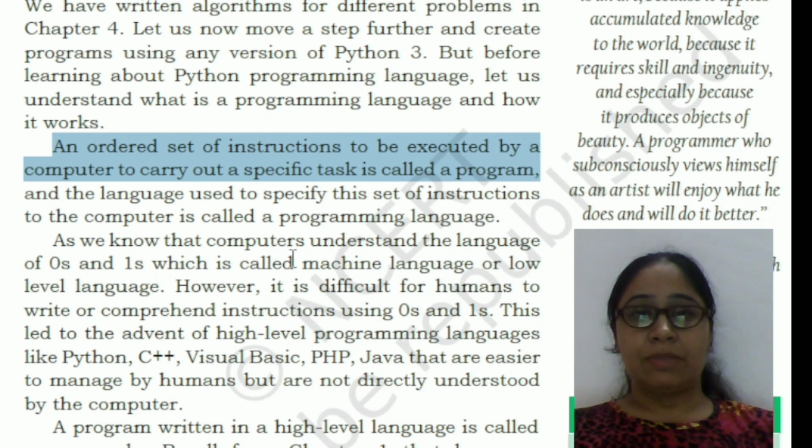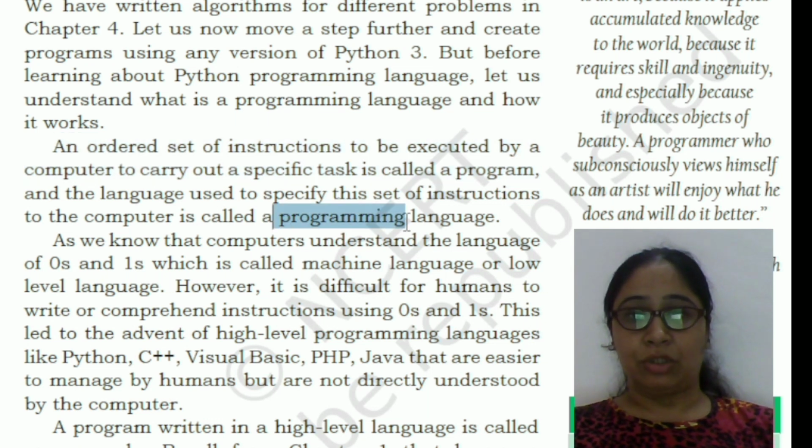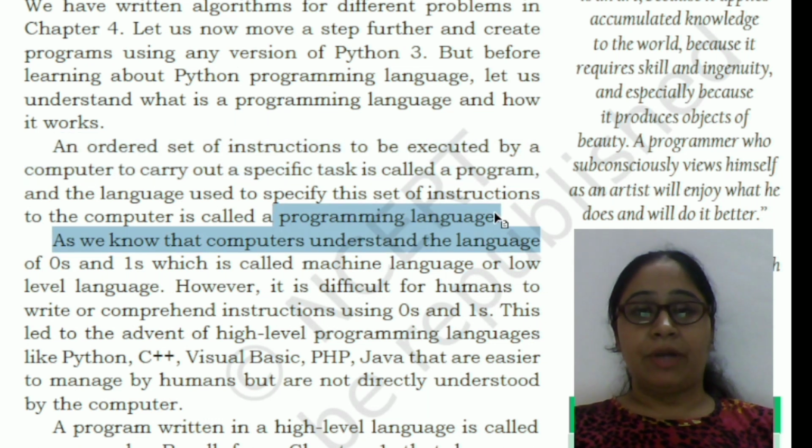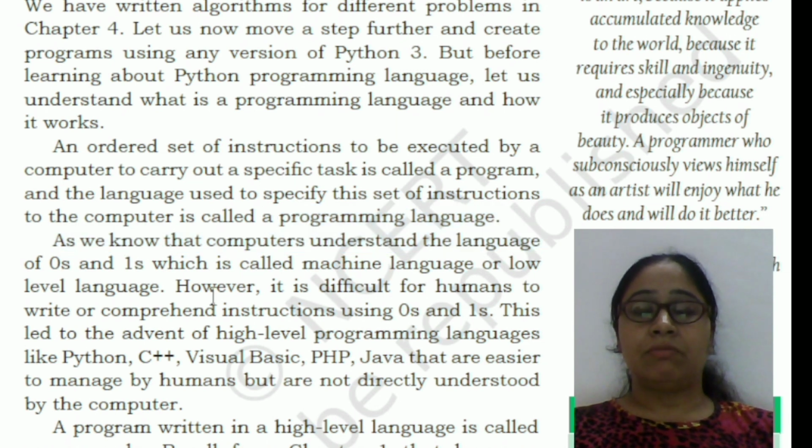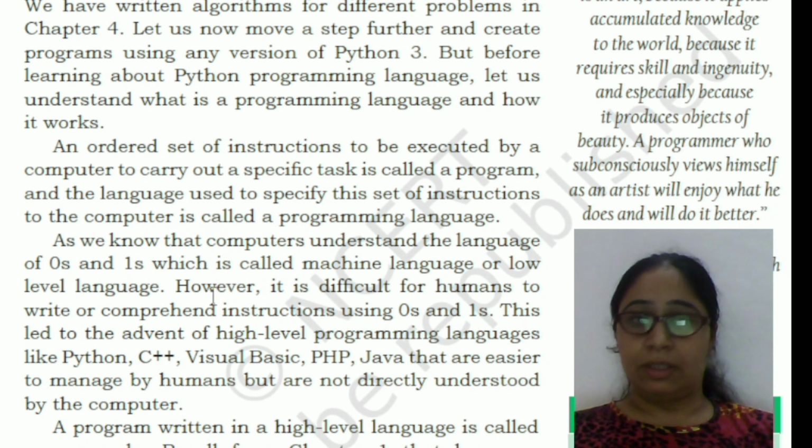And these programs are written in some programming language. Programming language is the language which we use to write our programs. And the language, you can say, जो language set of instructions को specify करती है computer.